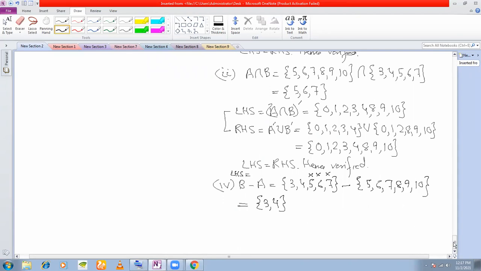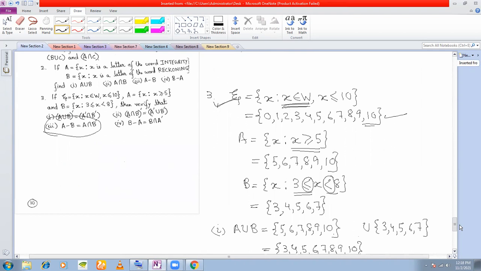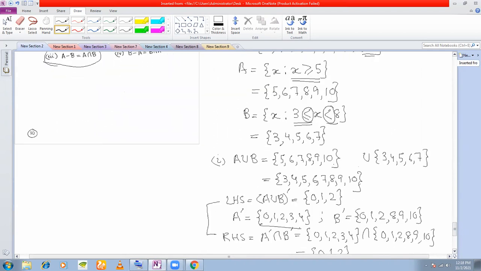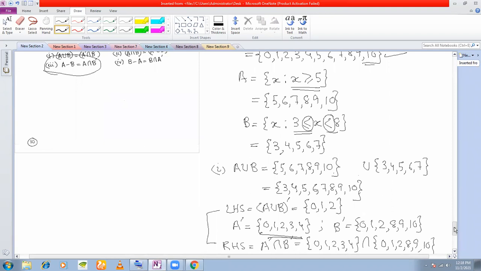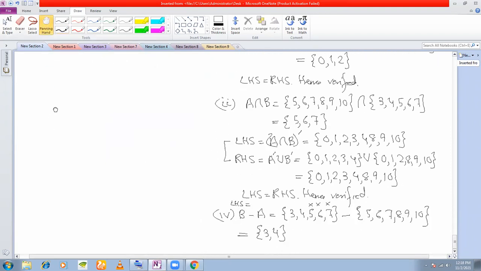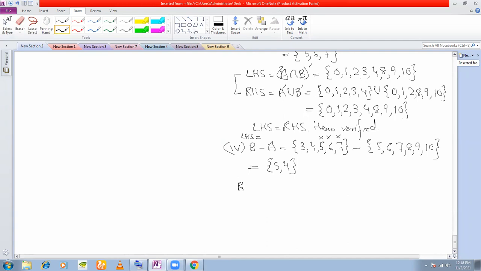Now before finding the right hand side, yes, we have already found A complement here, right? So we can directly write the right hand side. Right hand side is equal to B intersection A complement. So B here is 3, 4, 5, 6, and 7, and A complement here is 0, 1, 2, 3, 4.